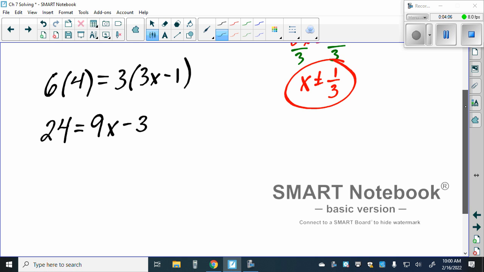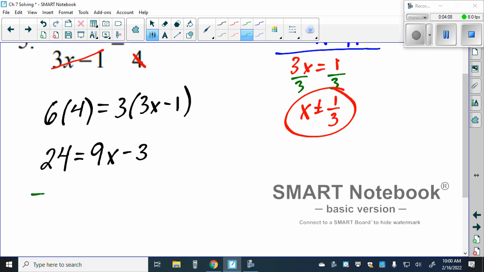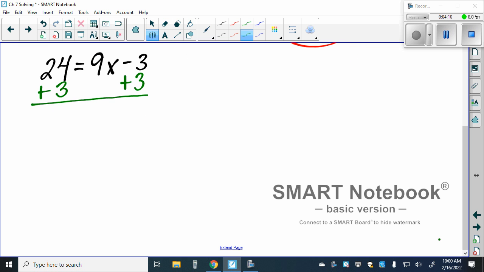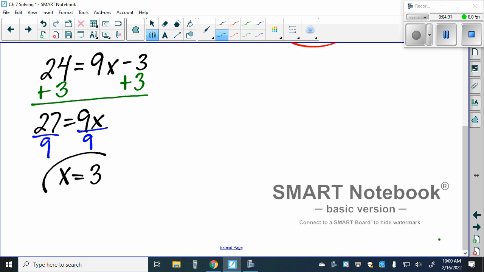Now we just need to solve by first adding 3 to both sides, which tells us 27 is equal to 9x. Then divide by 9, telling us x is equal to 3.